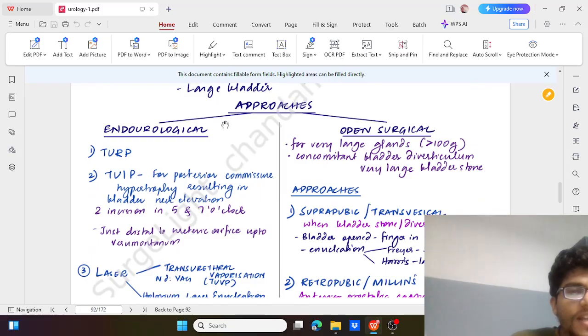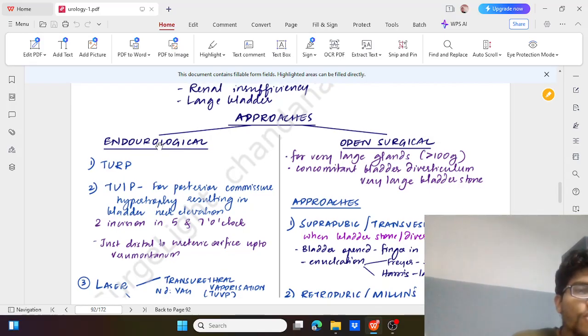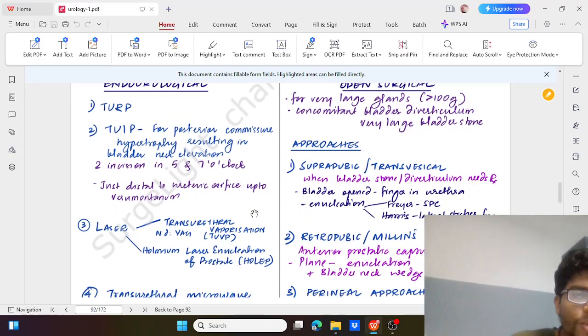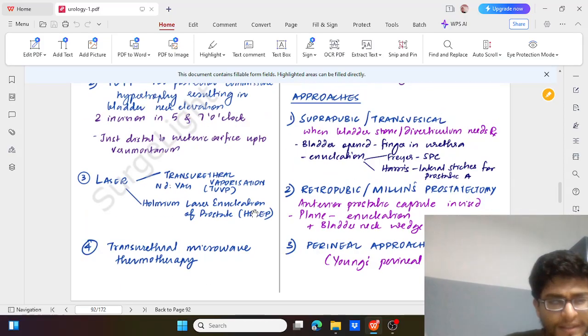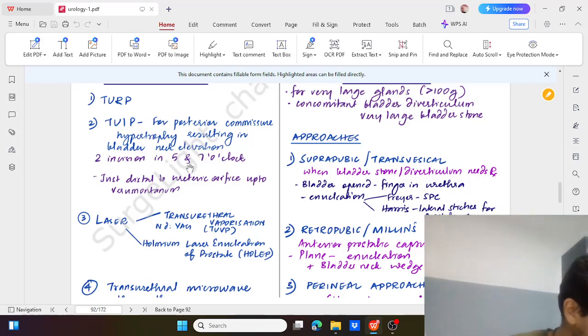Then coming to the surgical approaches, nowadays the most commonly done is the endourological procedure, and less common are the open surgical procedures. We will discuss both of them. So TURP, that is transurethral resection of prostate.